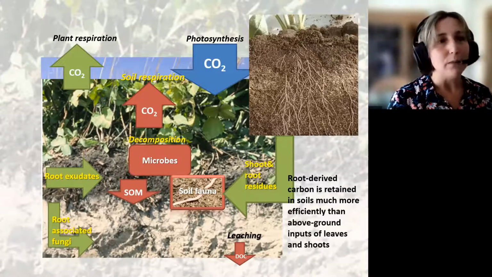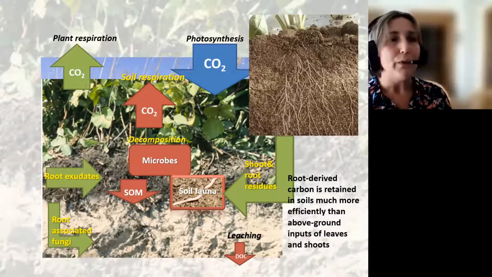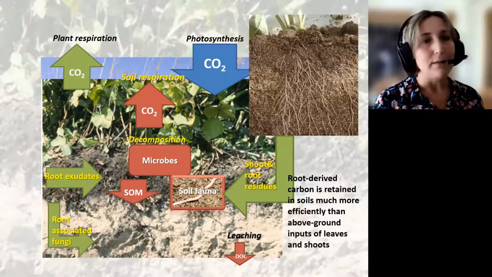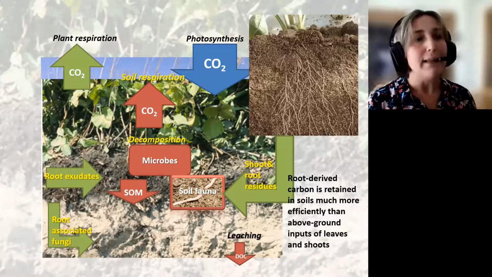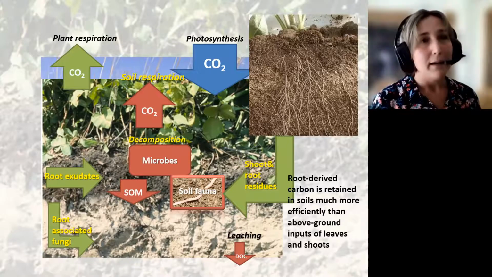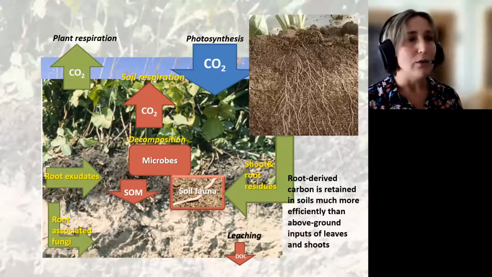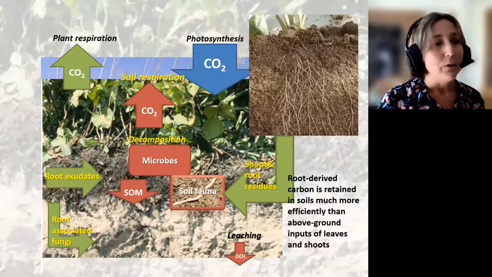And one important part about the root-derived carbon is that it has been shown that it is retained in soils much more efficiently than the above-ground inputs from leaves and shoots that happen to be incorporated by tillage or getting in the soil through soil faunal activities.